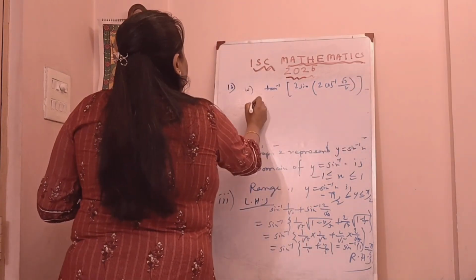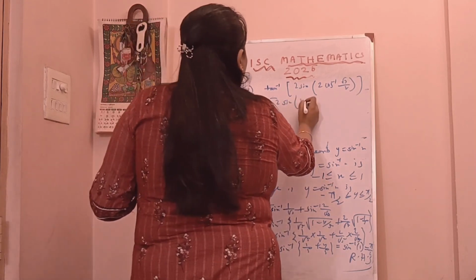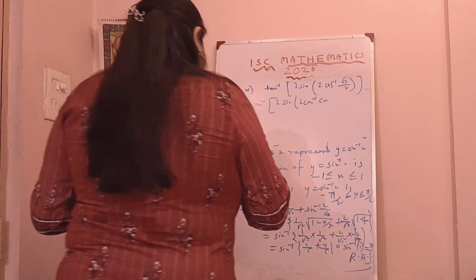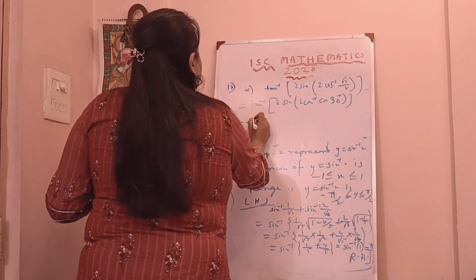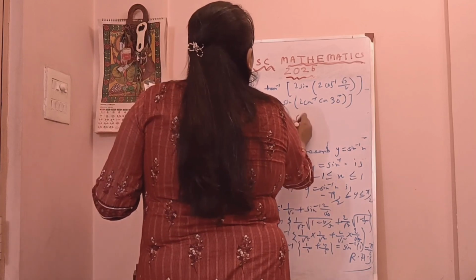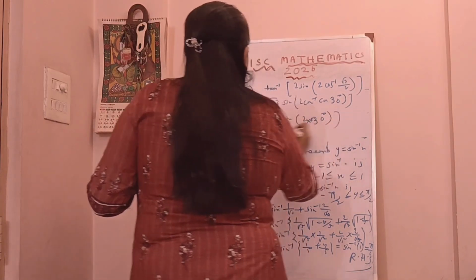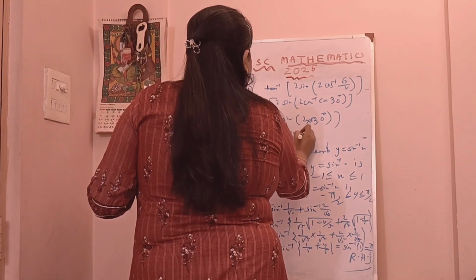Okay, so tan inverse 2 sine 2 cos inverse cos pi by 6, cos 30 degree. So tan inverse 2 sine of 2 into 30 degree, which equals tan inverse 2 sine 60 degree.